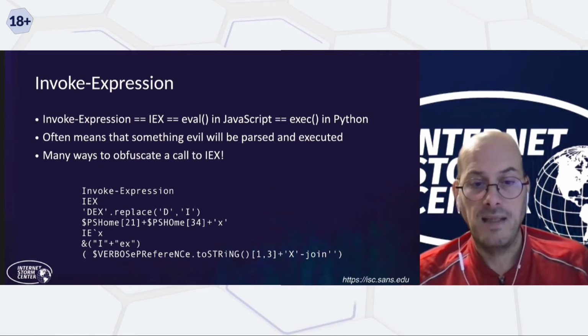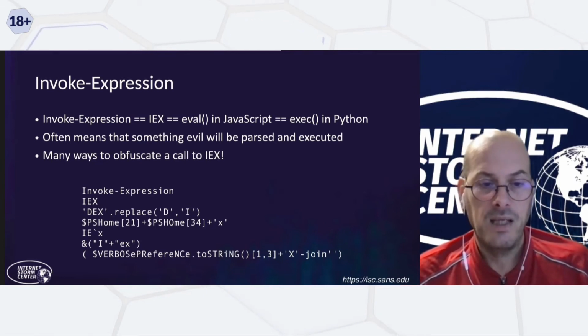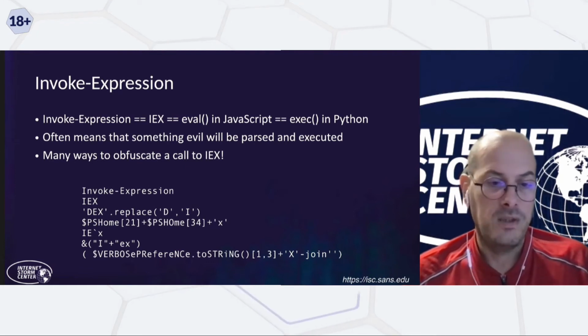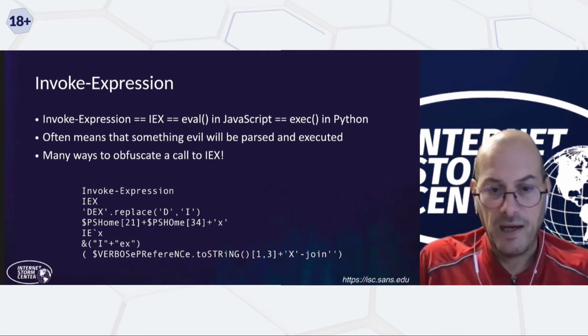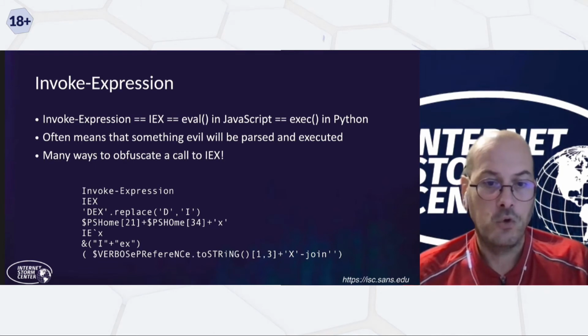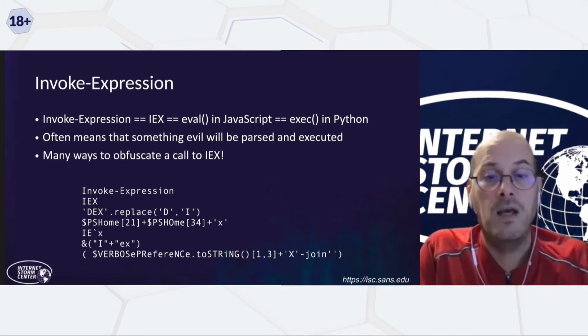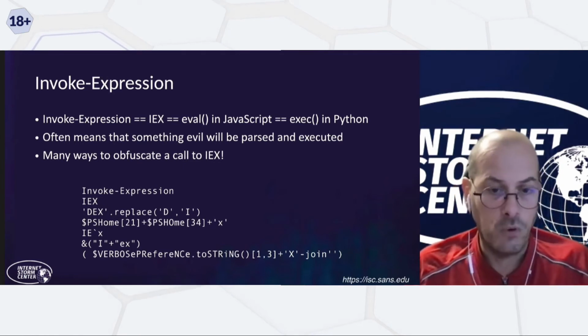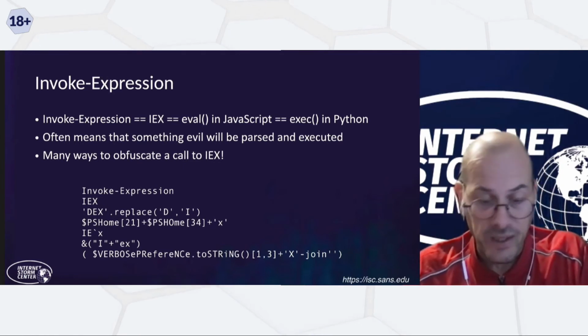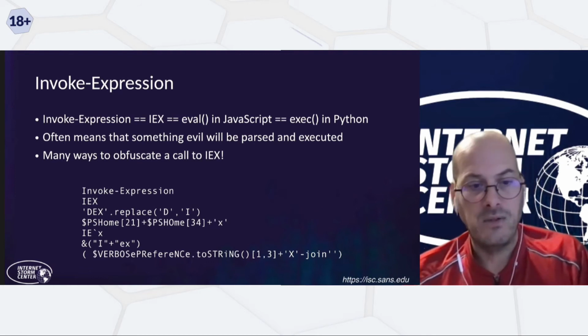We concatenate all of them, and guess what? In PS home, 21 is the letter I, and the character 35, because we start counting at 0, is E, so we have IEX once again.